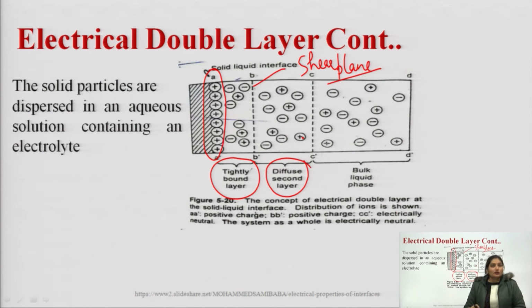Okay. So, as I have told you, the electrical double layer consists of a tightly bound layer and a diffuse second layer. Now, what is the tightly bound layer? The layer present between AA dash and BB dash is known as the tightly bound layer, and in this layer there is accumulation of cations on the surface.